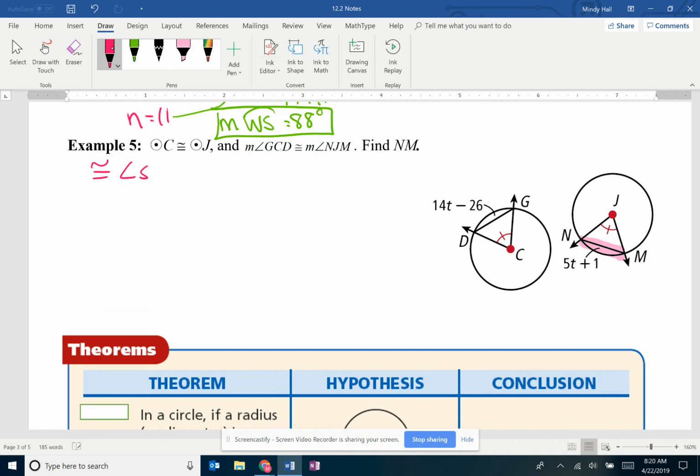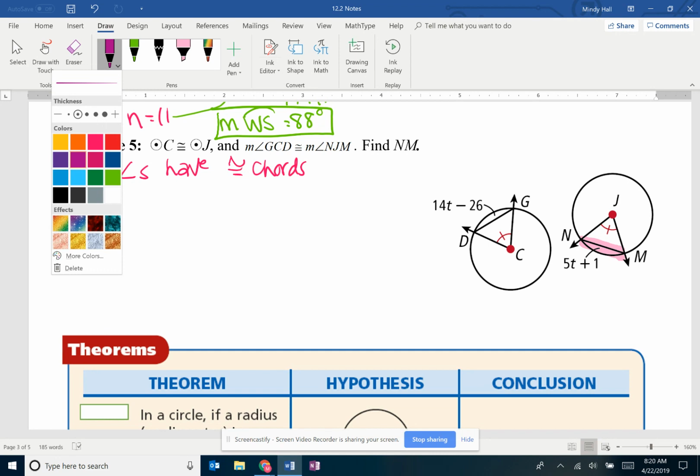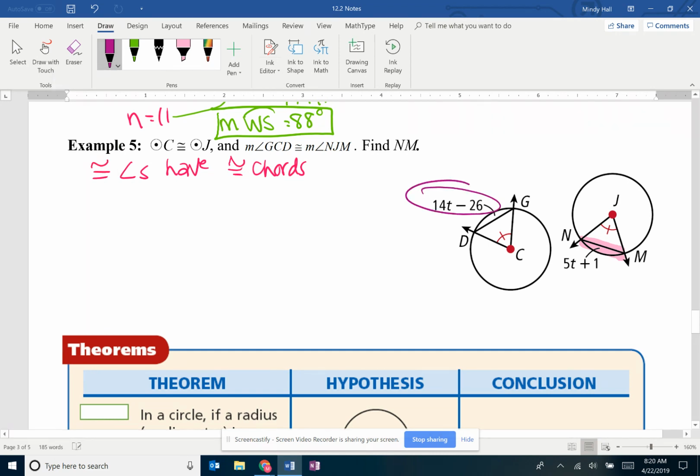Congruent angles have congruent chords. So just like we did in the one above, we're going to just solve the equation. We have two values that we can just set equal to each other because these chords should be the same length. So we'd have 14t minus 26 equals 5t plus 1.